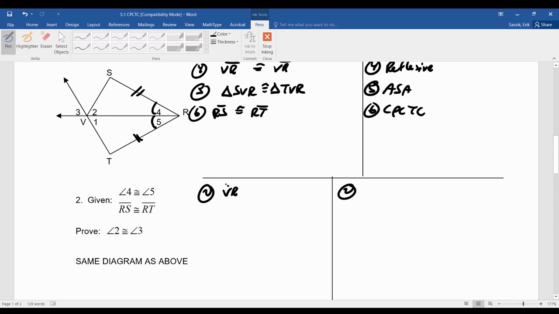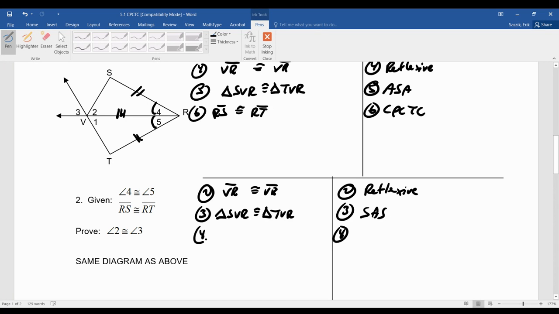I'm going to say VR is congruent to VR, and that is, of course, reflexive. Now, we actually have triangles right away then in step 3, right? Triangle SVR congruent to triangle TVR, and that's by SAS.